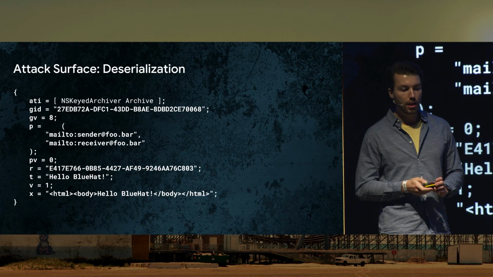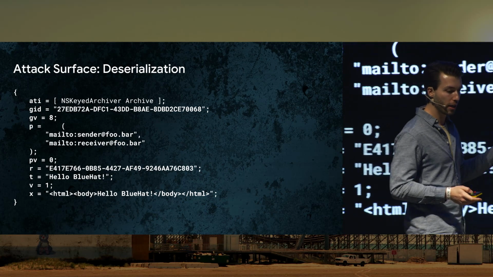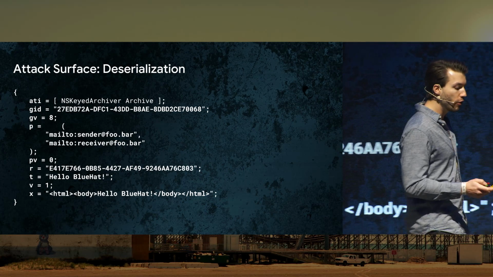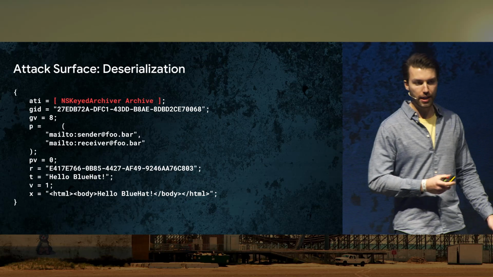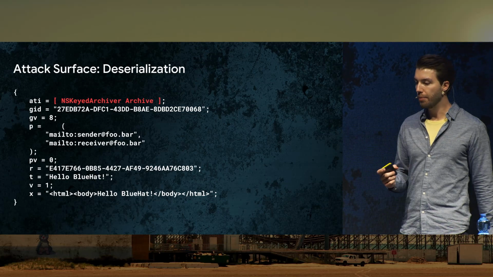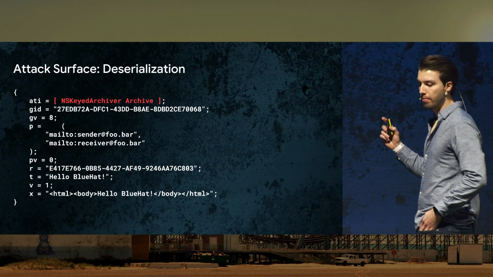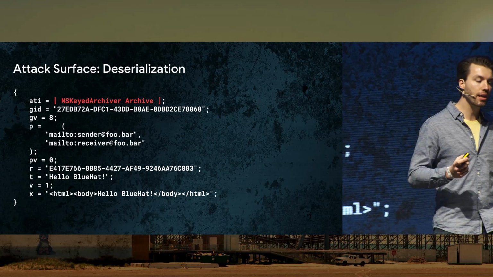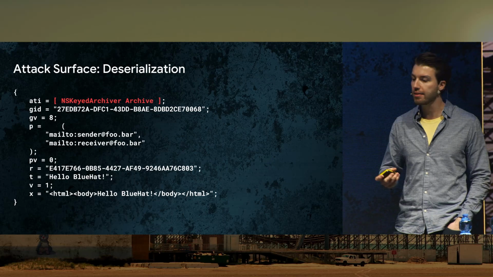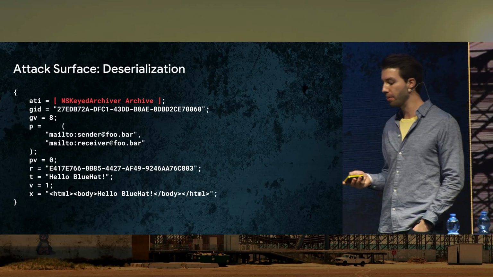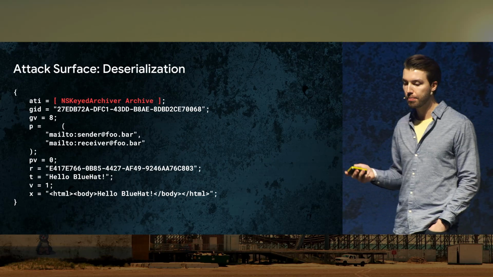It's kind of weird. Some UUIDs identify this message. But what's really standing out, at least when we looked at this, is this ATI key, where it has what's called an NSKeyedArchiver payload in it. So it's raw bytes that then go into some other decoder.